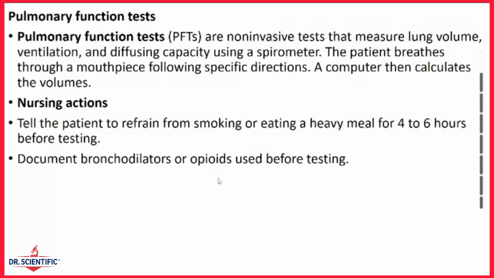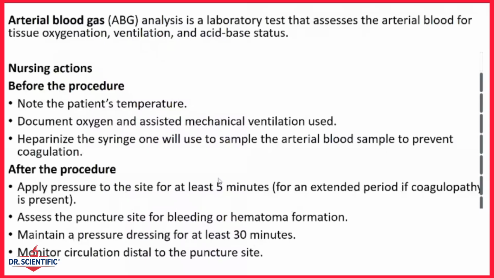Then we have arterial blood gas analysis, which assesses the arterial blood for tissue oxygenation, for ventilation, and also acid-base status. So it looks at the level of oxygenation within the tissues.